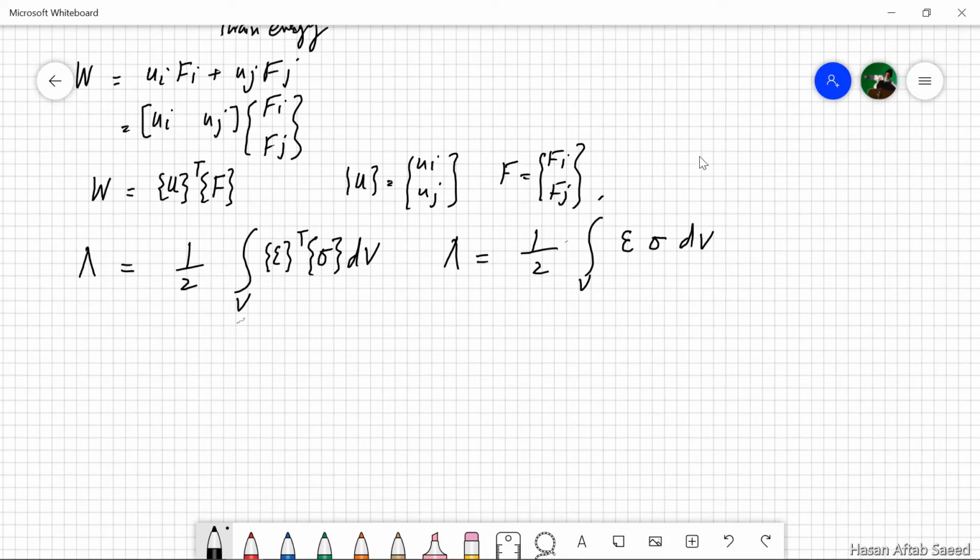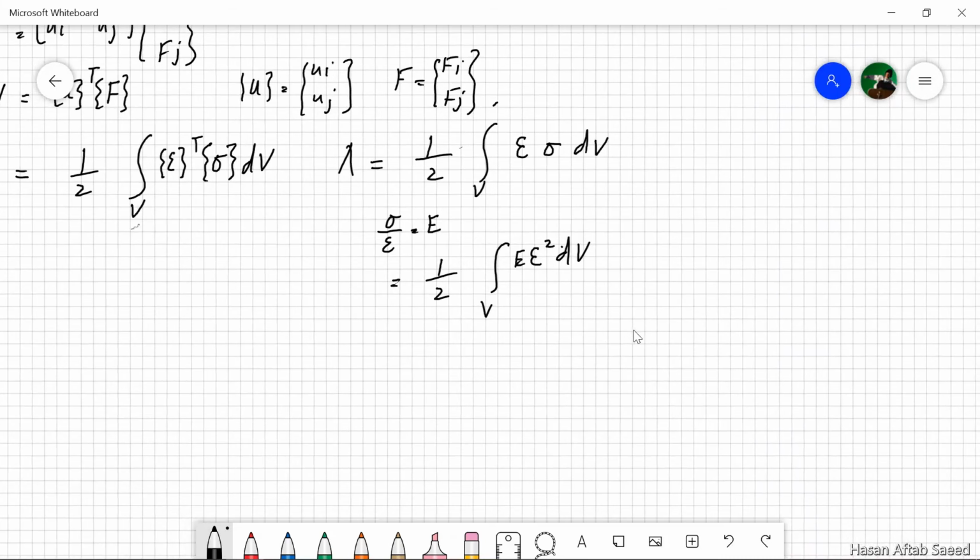Now, because for 1D problems we have this expression, we can get rid of sigma by substituting the value of sigma here, so we get rid of one variable. Now recall that in our case, the element or this rod has constant cross section area.